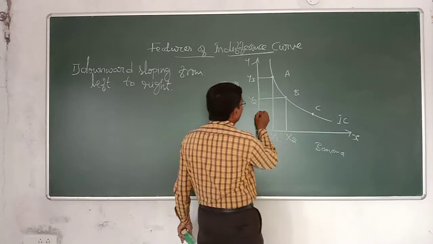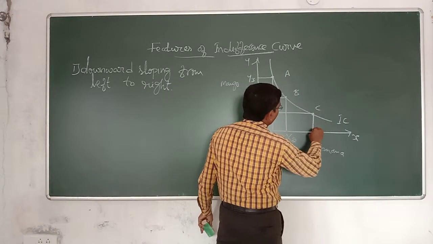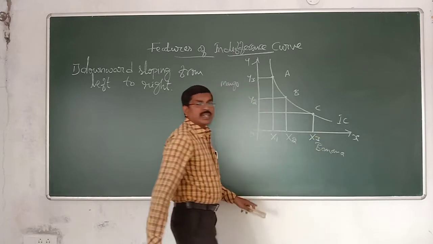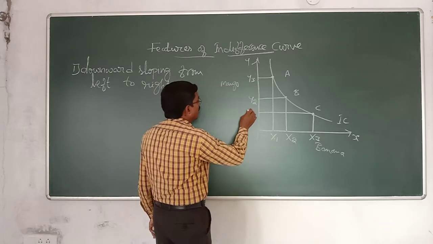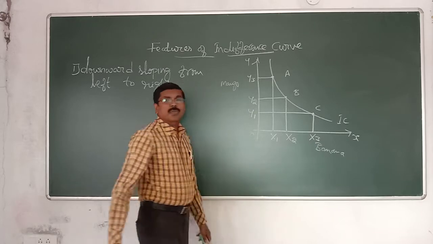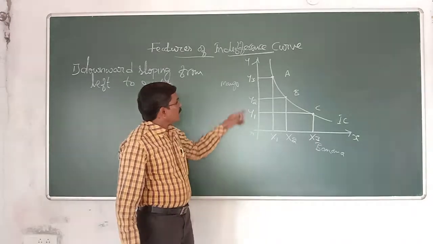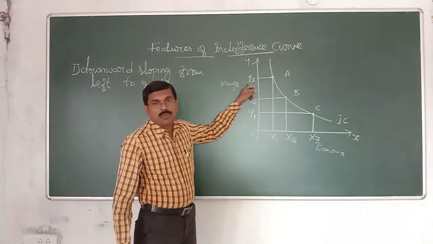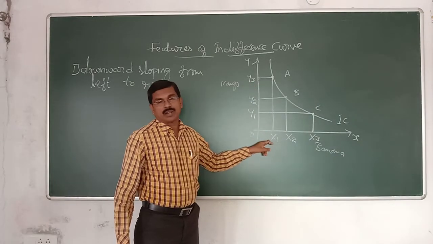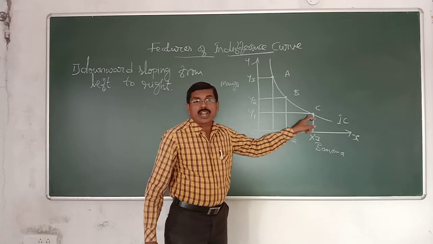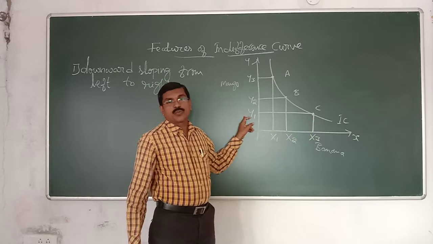In the C combination, a consumer purchases X3 quantity of banana and Y1 quantity of mango. This diagram states that if a consumer purchases more mango, he purchases less banana. In the C combination, he purchases more banana and less mango.